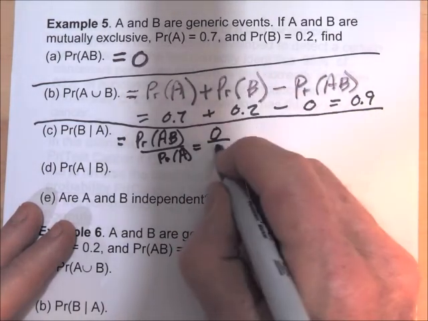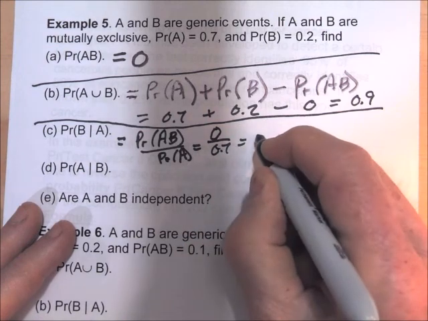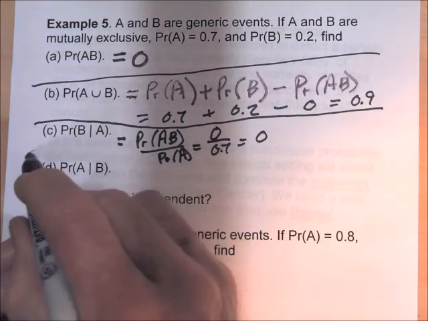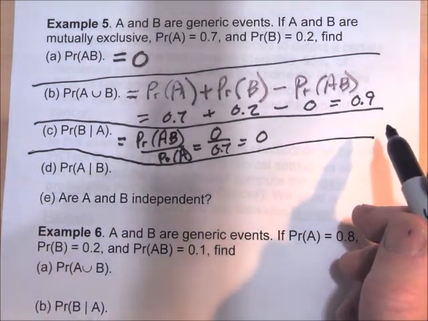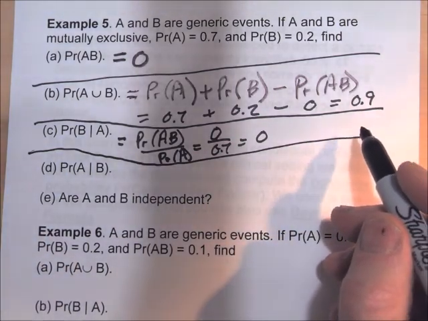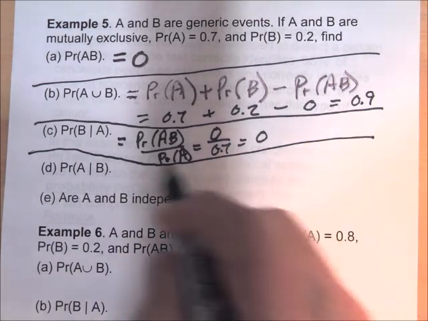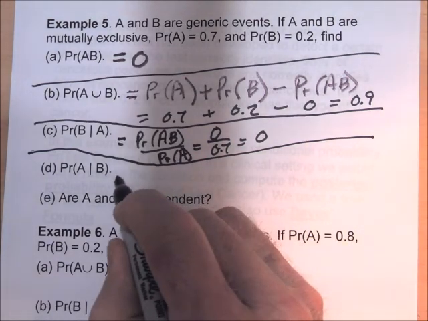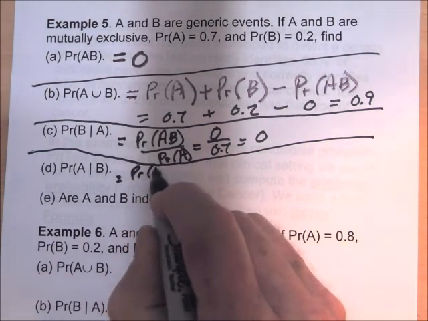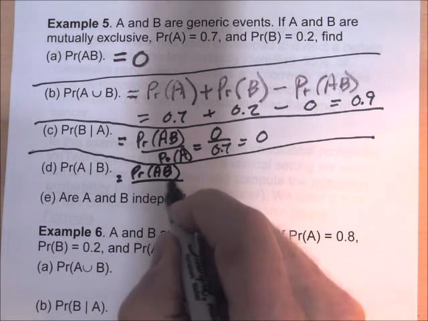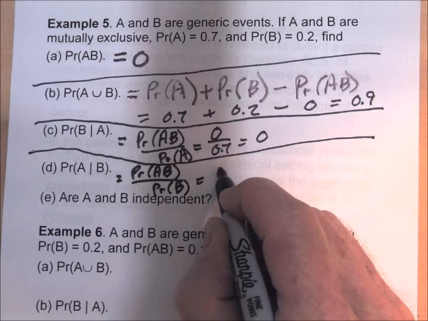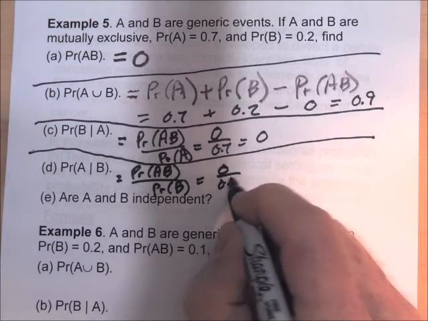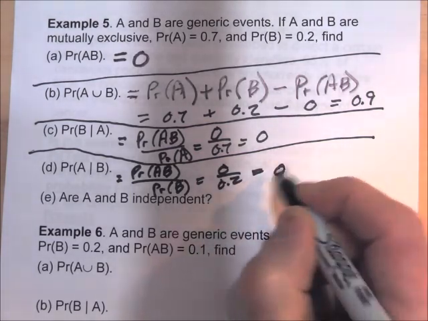Probability of A is 0.7. 0 divided by 0.7 is 0. So the conditional probability is 0. Probability of A given B, it's the probability of A and B divided by the probability of B this time. So it's going to be 0 divided by 0.2, and that's 0.